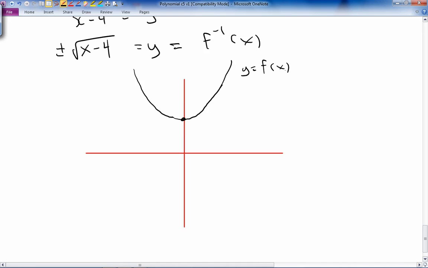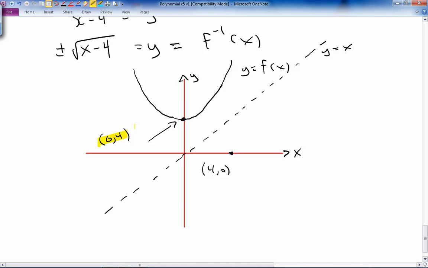The inverse, remember, reflects through the y equals x line. This switching of x and y means the points switch. There's the point (0, 4), so on the inverse I'm going to look for the point (4, 0). Again, there's the switch of x and y.